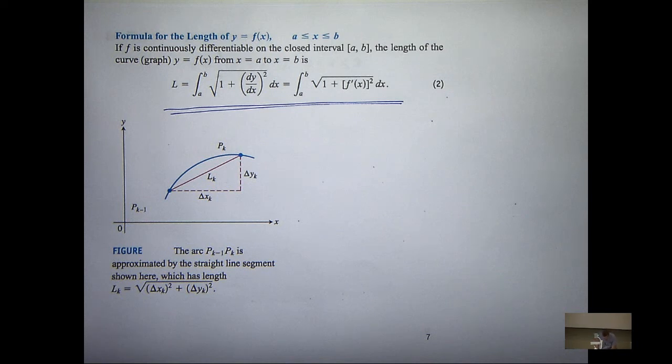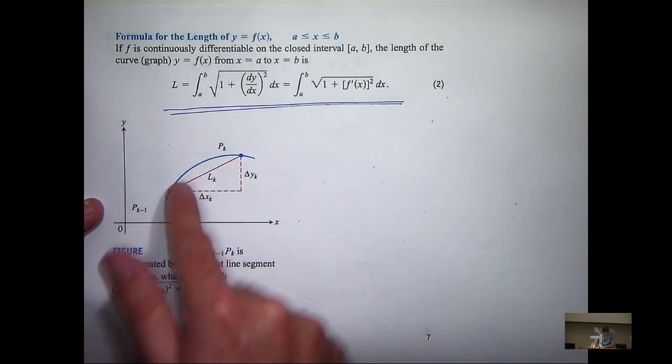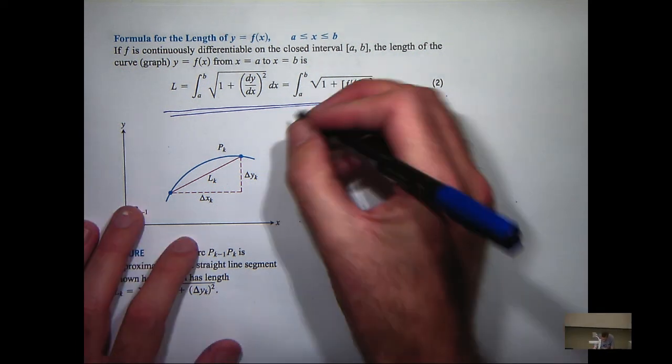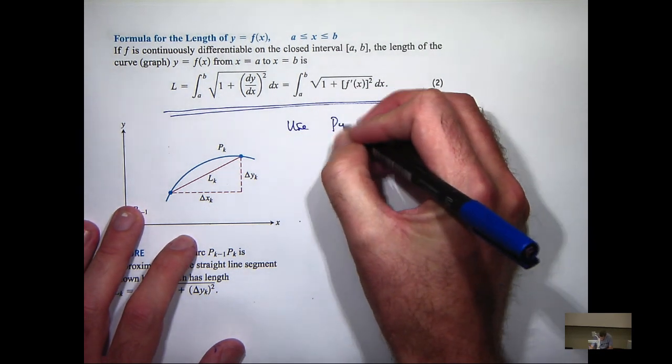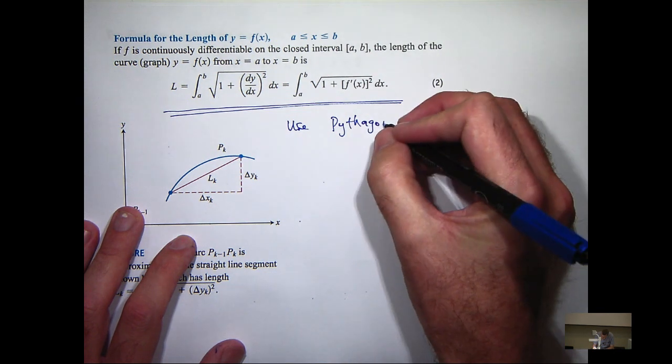So where does that come from? Well, it's basically just Pythagoras. That's as simple as I can make it. In a similar way, just slice up your interval and imagine this is like the kth slice. All right, so the idea is to use Pythagoras' theorem.